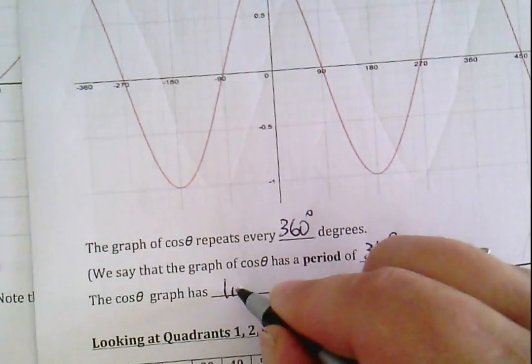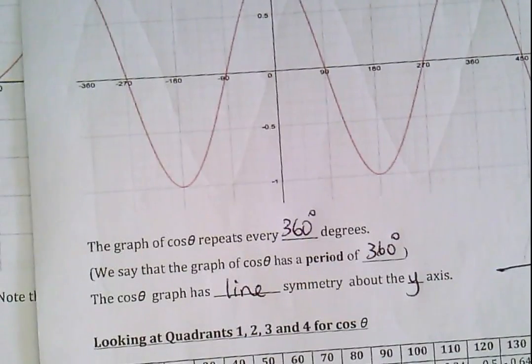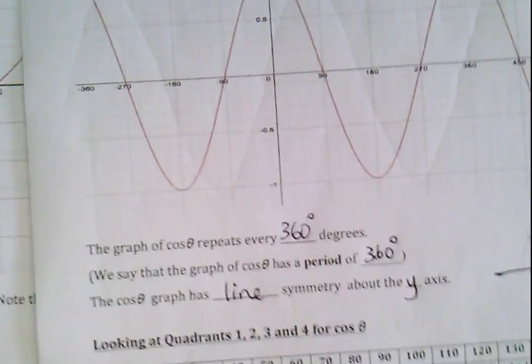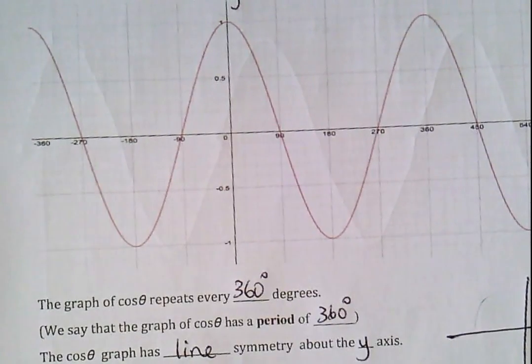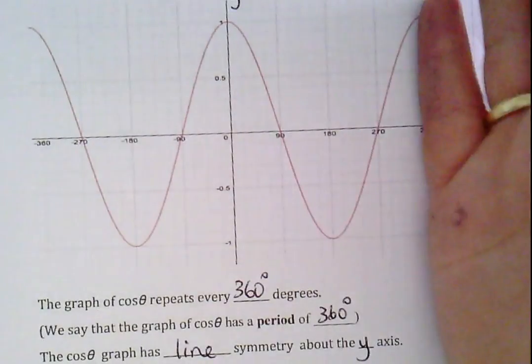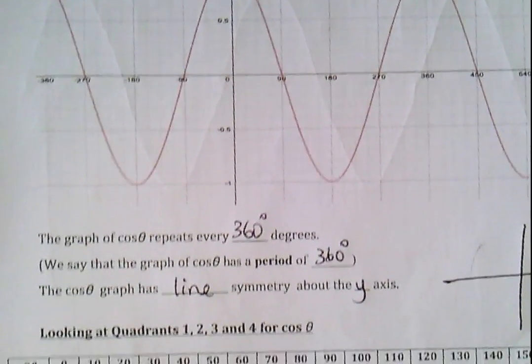It has line symmetry about the y-axis. That's the one you learn in primary school. You fold it on the y-axis and all of the right-hand side would sit on top of the left-hand side. So that's line symmetry about the y-axis.